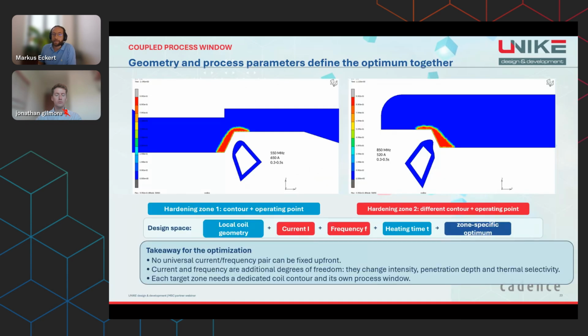The two illustrations on this slide should not be understood as two isolated examples. The key message is that optimization does not stop at coil geometry. Current, frequency, and heating time are independent degrees of freedom and define the optimum together with the local contour.